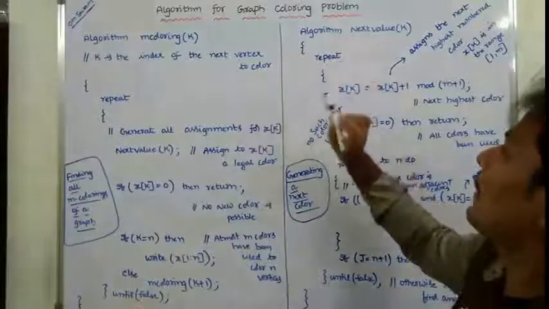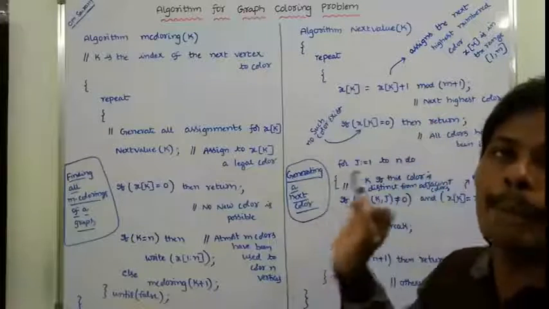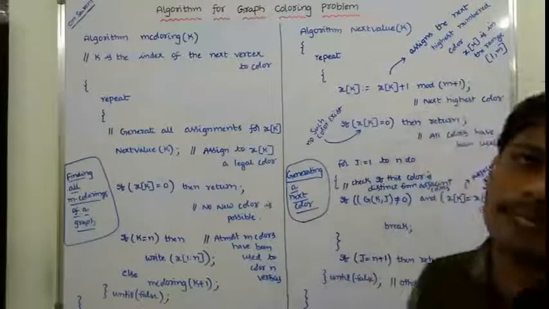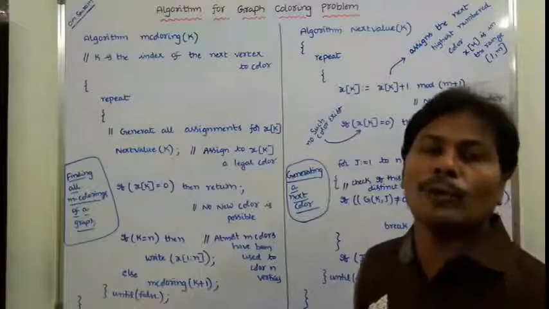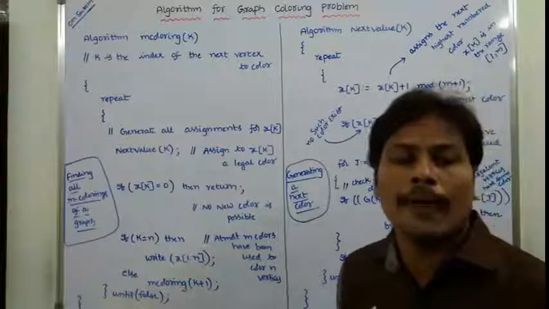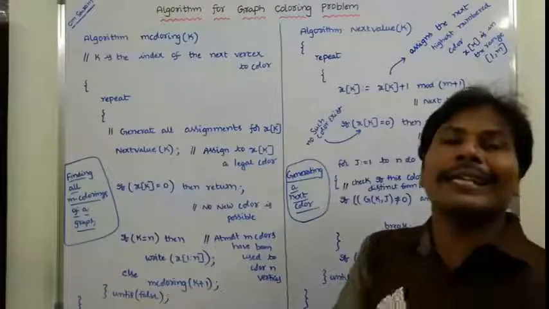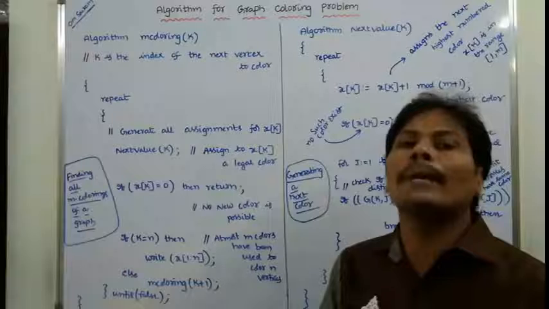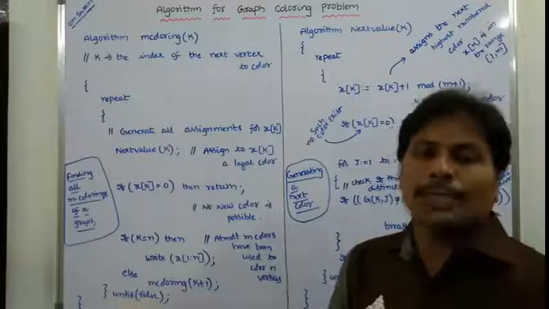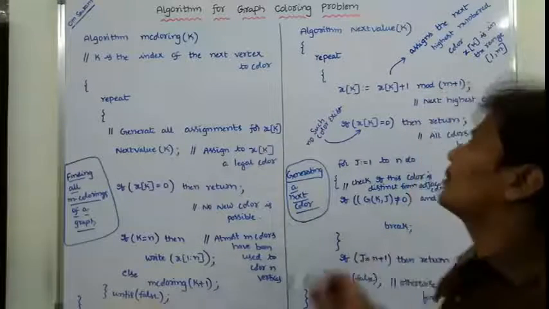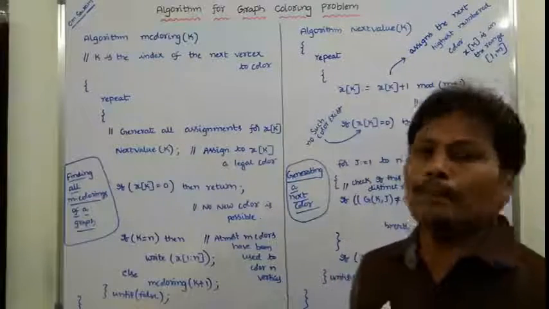Begin, repeat, begin, x of k is equal to x of k plus 1 mod m plus 1, where m is the number of colors we have to use to color all the vertices of the given graph. This formula is used for calculating the next highest numbered color for the next vertex in the given graph. That color number can be assigned to x of k.